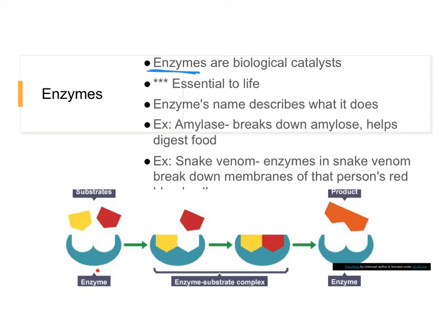If you look at the bottom of this slide, there's a diagram that shows how enzymes work in a body. Here's the shape of an enzyme, and enzymes all have a special shape. What attaches to the enzyme are called substrates. The enzyme is fitted just to help speed up this reaction.